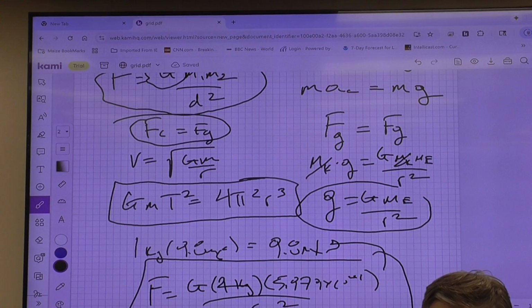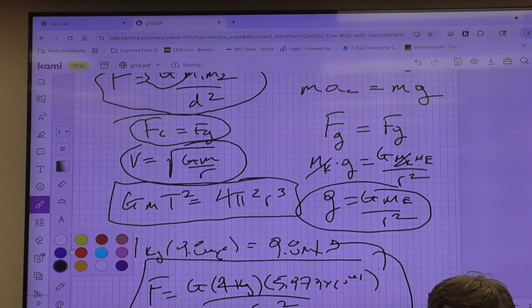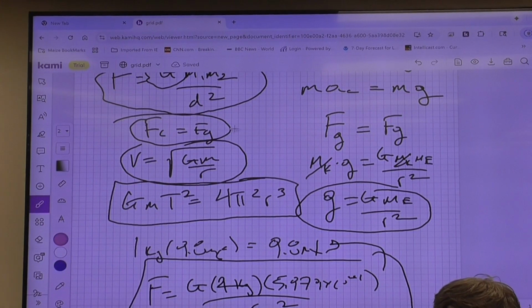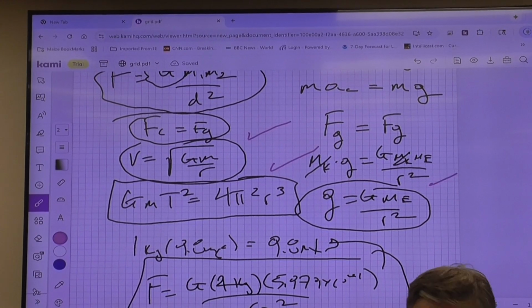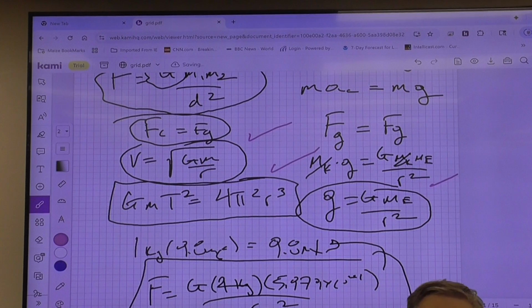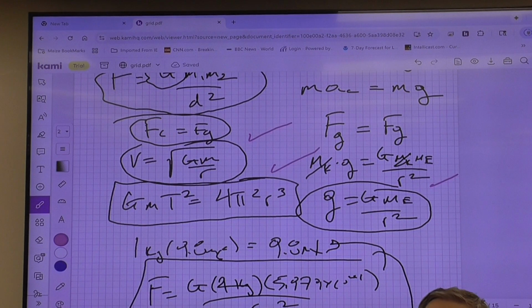This one that allows you to come up with a value for your gravitational acceleration. So these three right here: this one, this one, this one. Front of the test. Don't memorize them, don't store them in your calculator. I will give them to you. You just have to know how to use them.